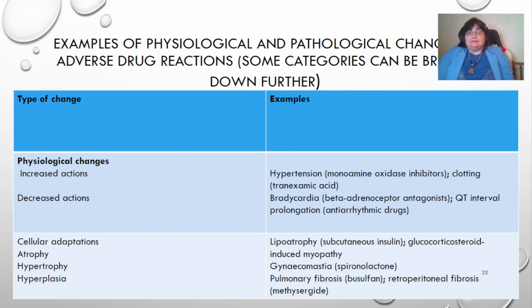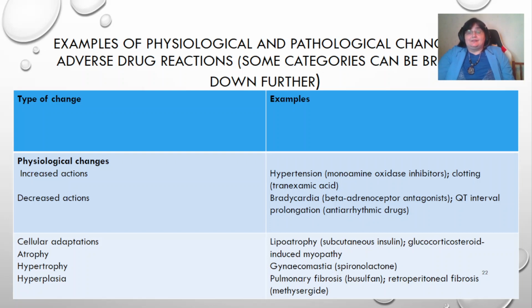Physiological changes can be increased actions, such as hypertension with monoamine oxidase inhibitors, and clotting with tranexamic acid; decreased action, such as bradycardia with beta-adrenoreceptor antagonists; QT interval prolongation with anti-arrhythmic drugs.